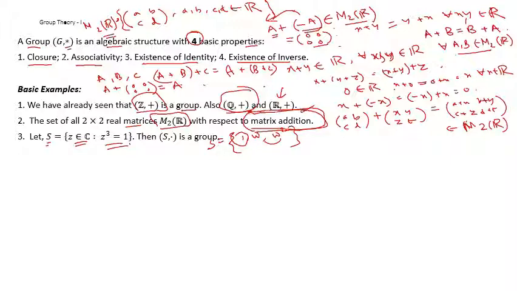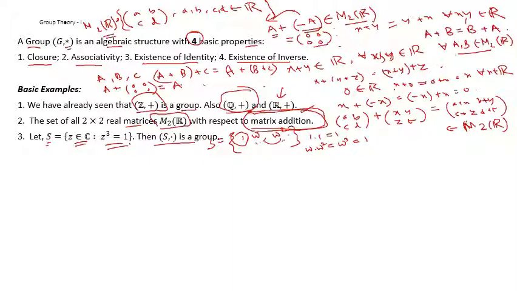Identity is 1 and inverse of omega is omega square. So the inverse of 1 is 1 নিজেই, inverse of omega is omega square, and inverse of omega square is omega, because 1 into 1 is 1 and omega into omega square is omega cube, but omega cube is 1, so that is 1. So this forms a group.